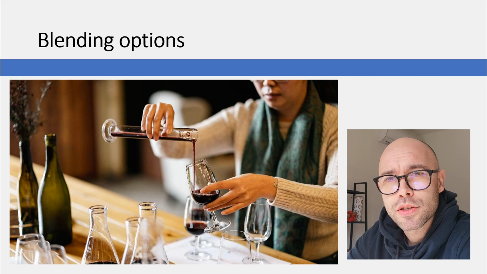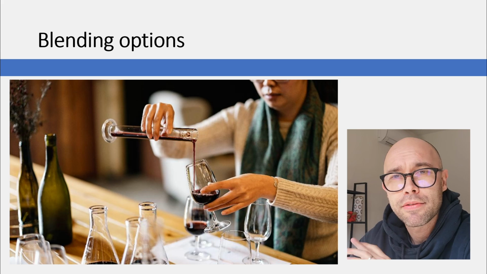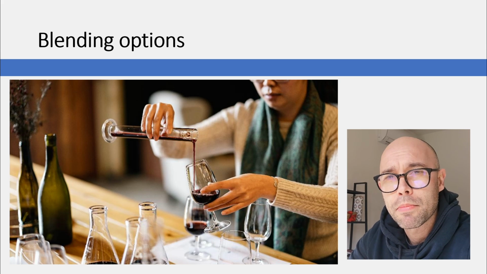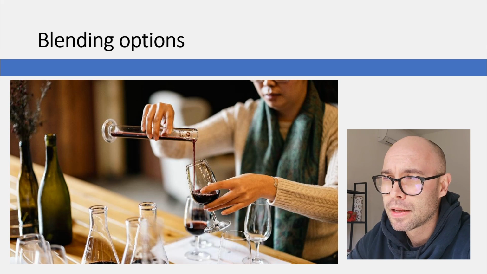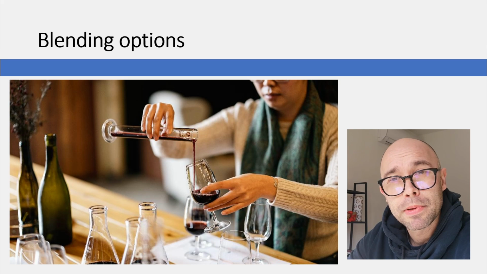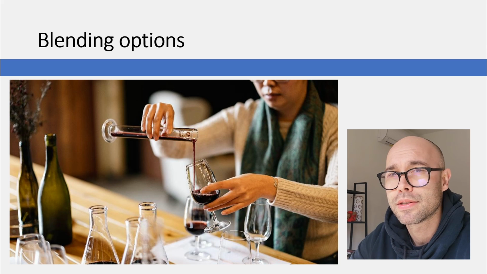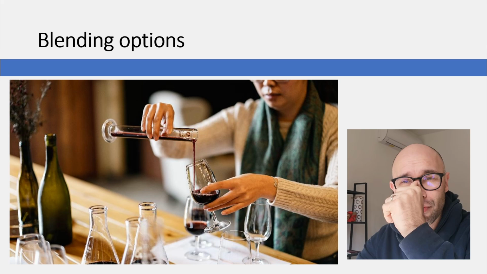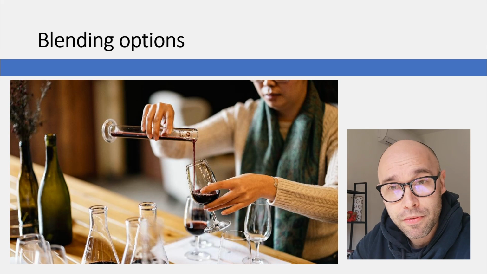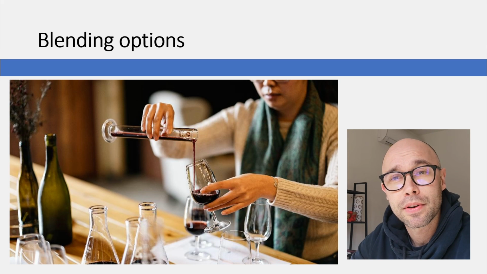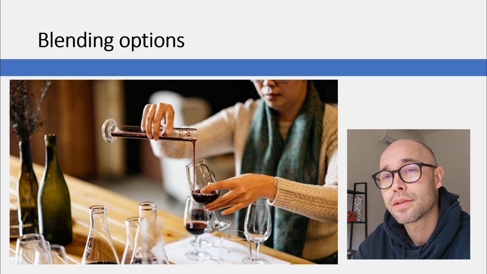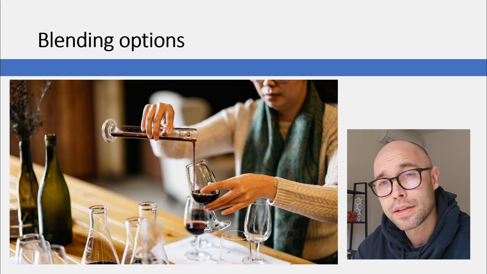Blending options. Blending can be done in several stages of the winemaking process. When we say blending, people usually connect blending with grape varieties, but there are many blending options. It's not only different grape varieties, yes, but it can be different locations and vineyards where the grapes are coming from.